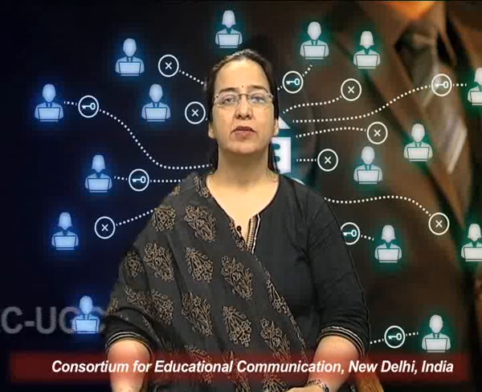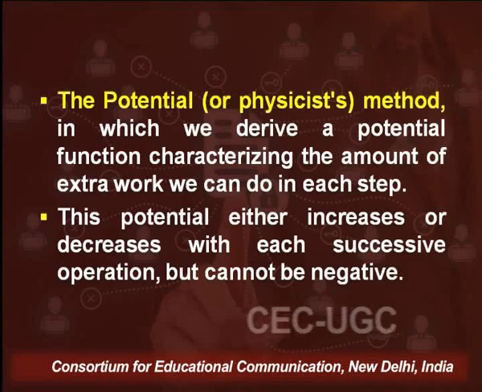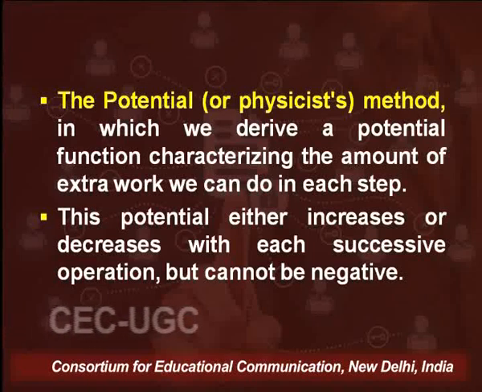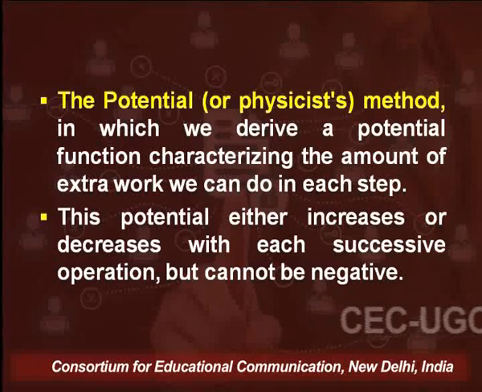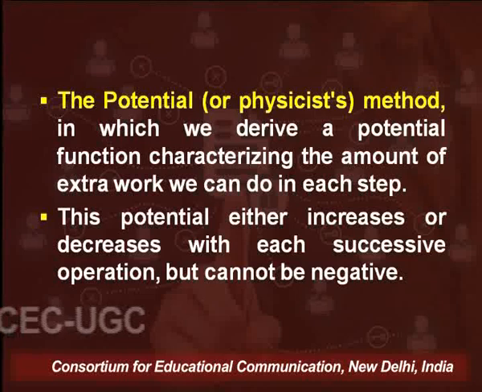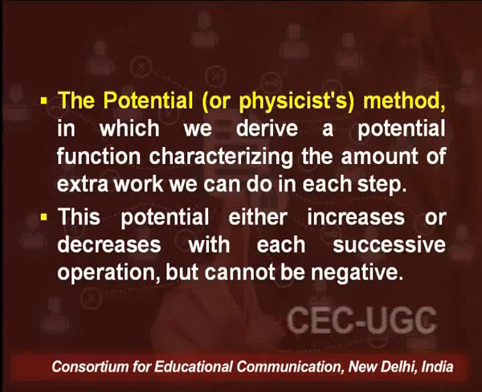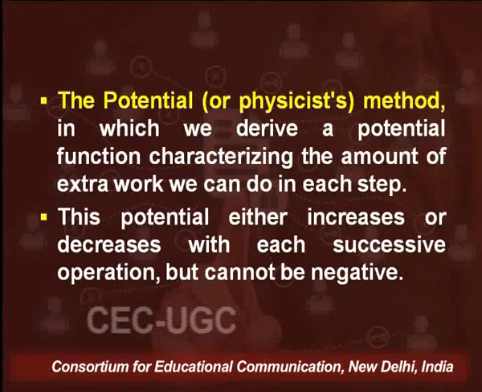Next is the potential method, or physicist's method. In this method, we derive a potential function characterizing the amount of extra work we can do in each step. That potential gives us the amount of extra work which can be done. The potential can either increase or decrease with each successive operation, but it can never be negative.